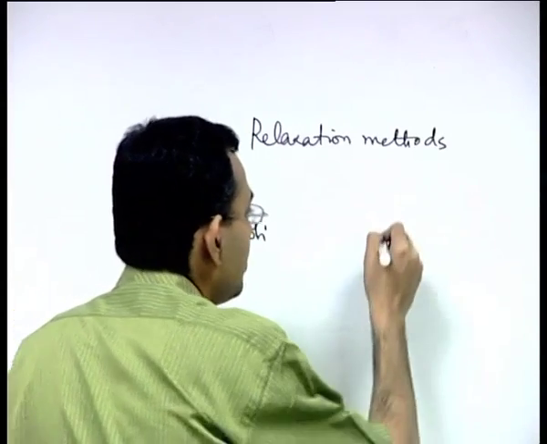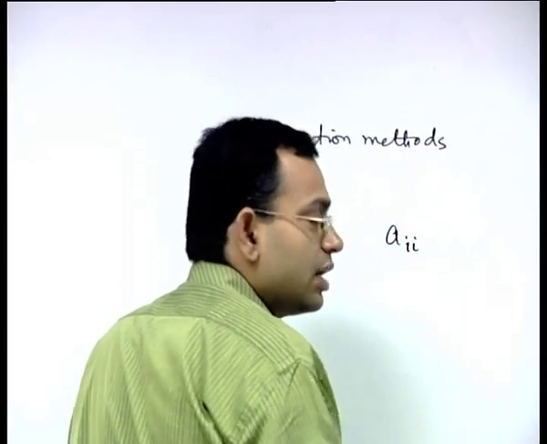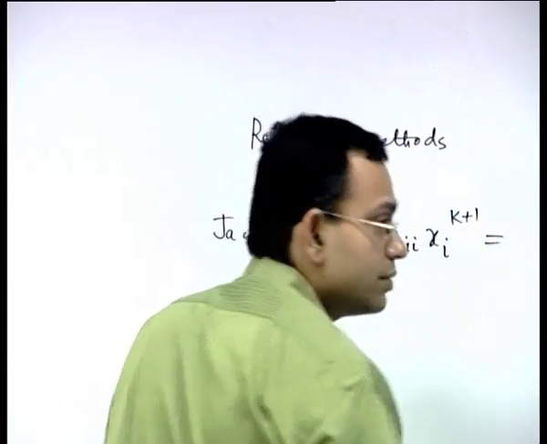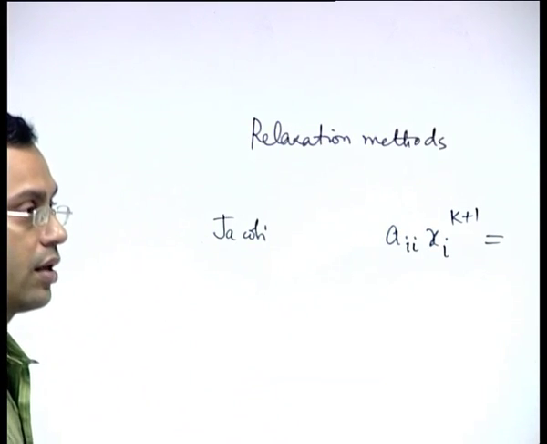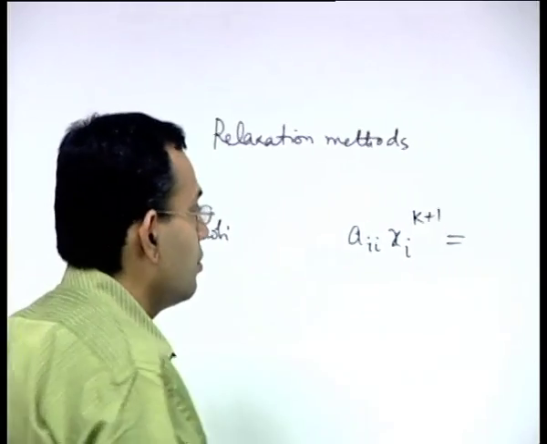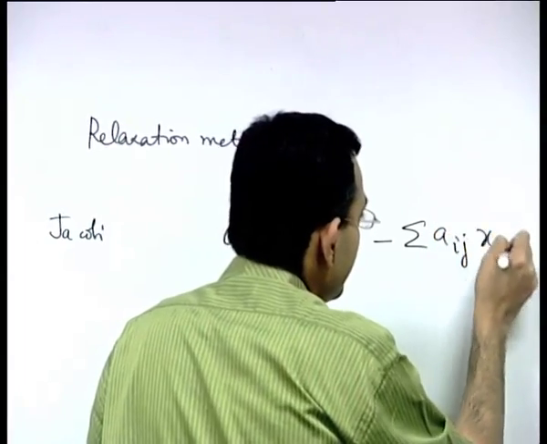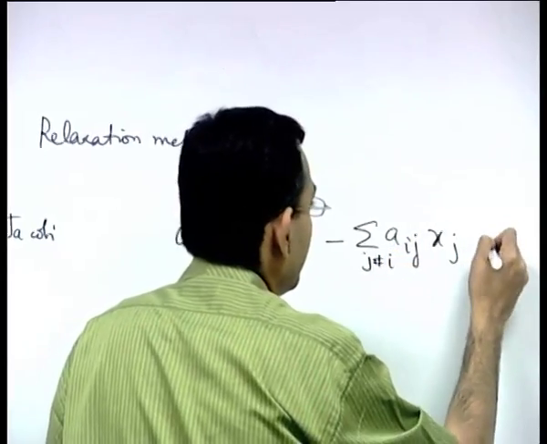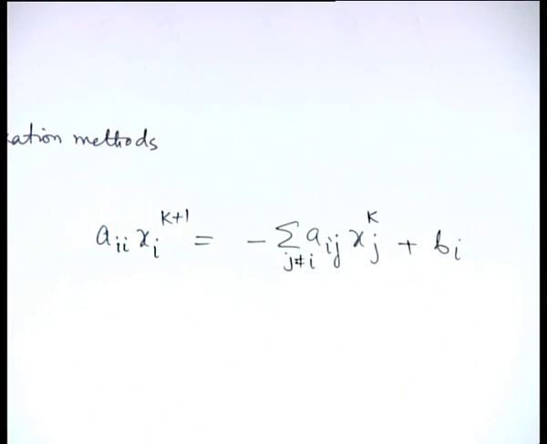So in the Jacobi's method, if you write it in terms of the indices of the matrix, it is a_ii x_i^(k+1) is equal to minus summation of a_ij x_j, j not equal to i, plus b_i^(k), right.